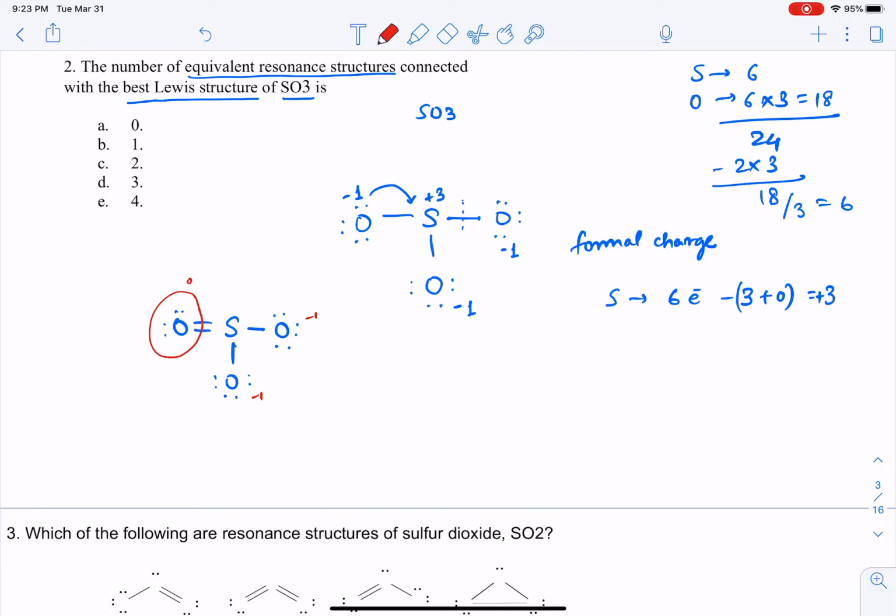If you further check S, you can again calculate 6 minus 4 plus 0, it has +2 formal charge. But now it's forming an octet.